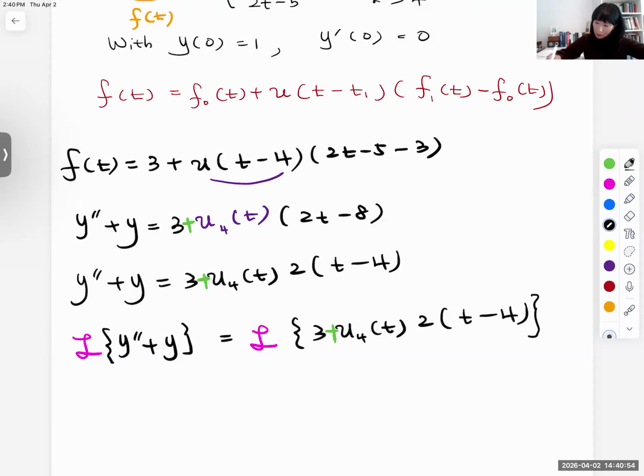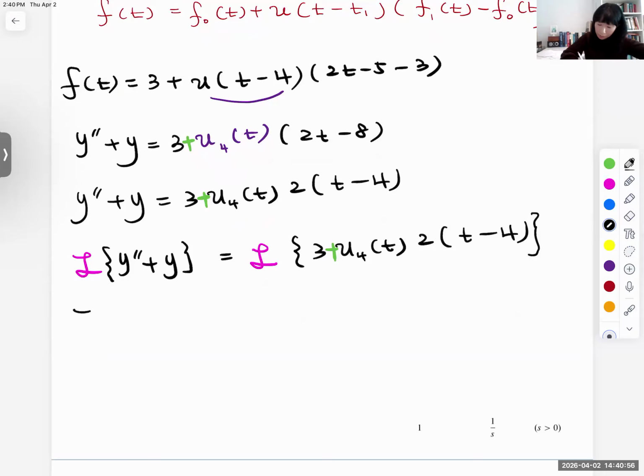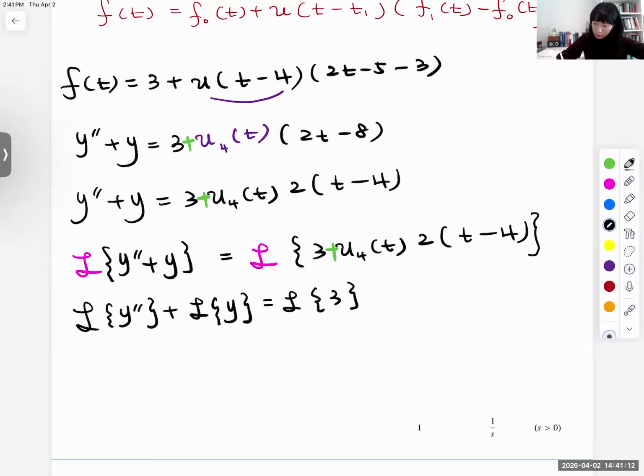Now, Laplace of y second prime plus Laplace of y. Laplace of y means y over s, right? And then we have Laplace of 3. And the other term has Laplace of 2, writing the constant in front, u sub 4 over t minus 4.